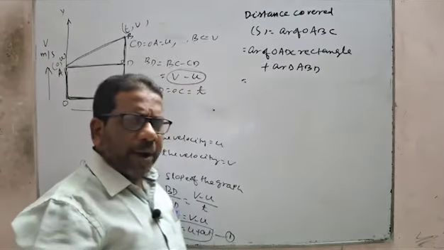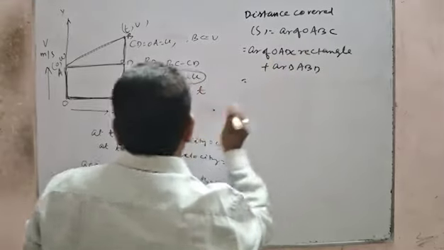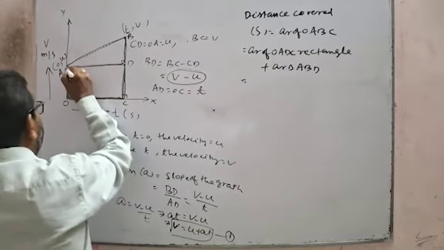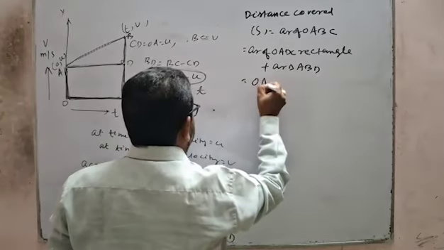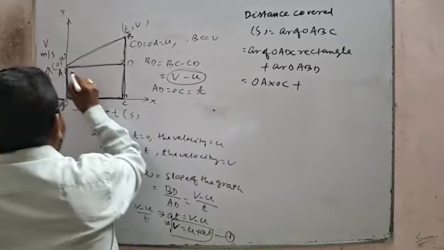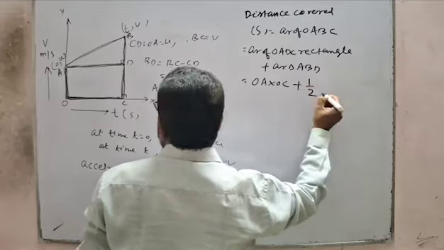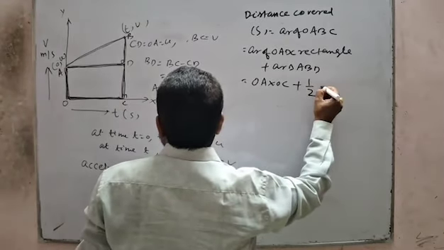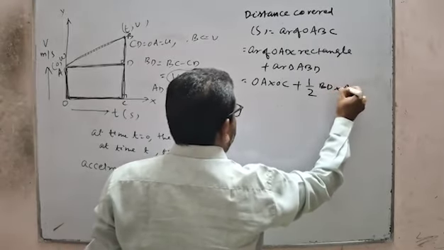To find the area of the rectangle, what is the formula? Length into breadth: OC into OA. Plus the triangle area, which is half base into altitude: half BD into AD.